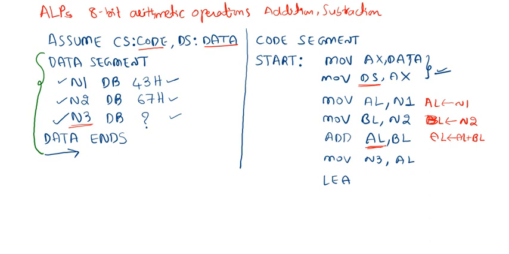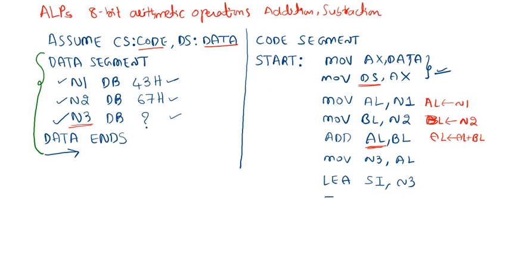We are just calling that location with the name N3, but if you want to know the exact location, what is the address of that N3, you can use the instruction LEA, load effective address of N3 into the SI, source index. So after this instruction, the SI content is nothing but the N3 location.